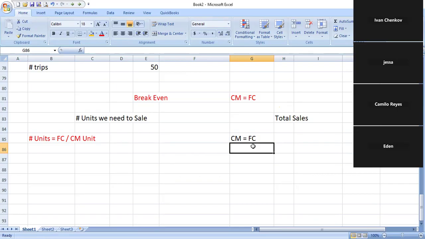Now, if I do contribution margin equal to fixed cost times 1, did I change the formula?